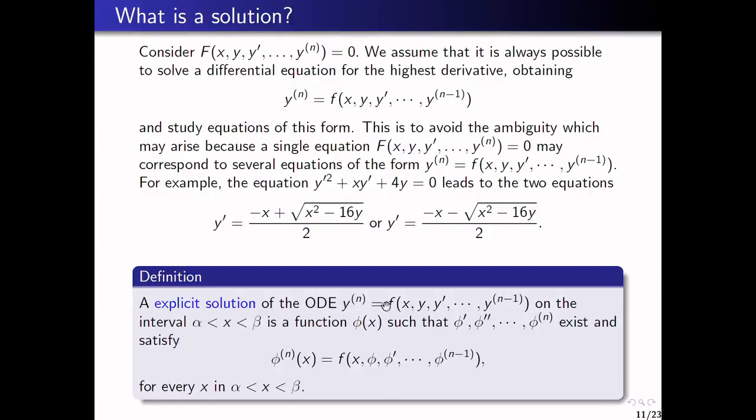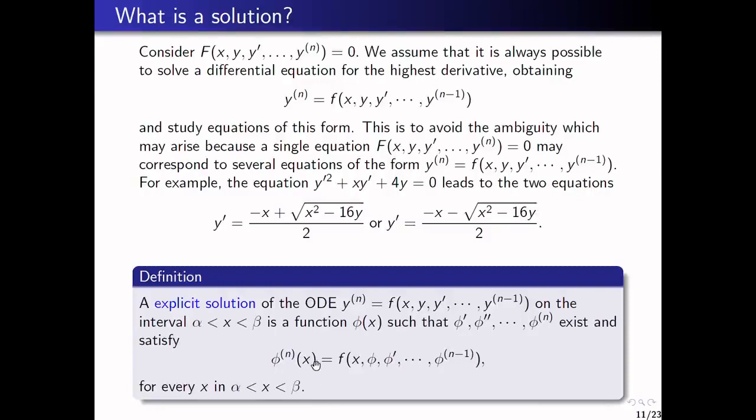The explicit solution of this differential equation on this interval is a function phi of x such that the first derivative of phi with respect to x, the second derivative, and so on up to the nth derivative of phi with respect to x exist, and the derivatives satisfy the equation nth derivative of phi x is equal to f of x comma phi dash and so on up to phi (n minus 1)th derivative on the interval x between alpha and beta.